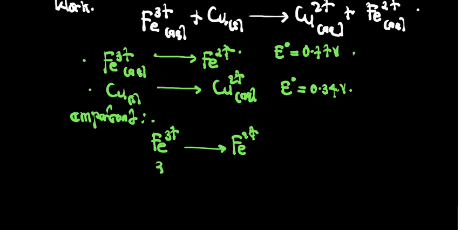And how many electrons are on the side of the products? Those are 2 electrons. And you want to find out the difference between the 3 and the 2, and make sure that you balance this number of electrons.